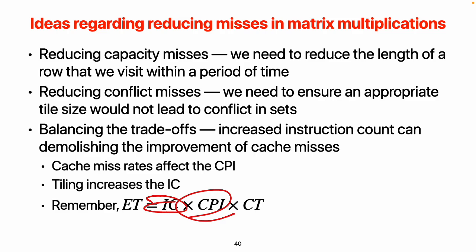And the smaller the tile size. Question? May take use of L2 or L3 much better than the smaller size. So does that make a difference other than the IC?